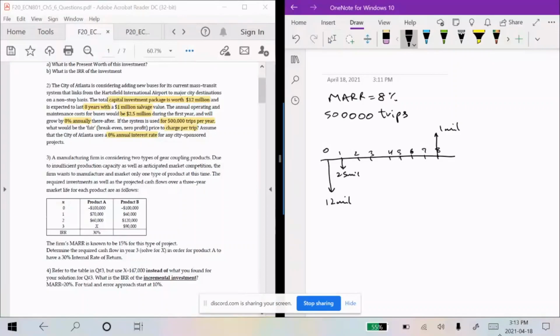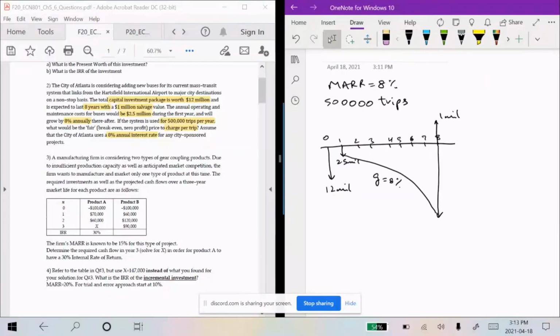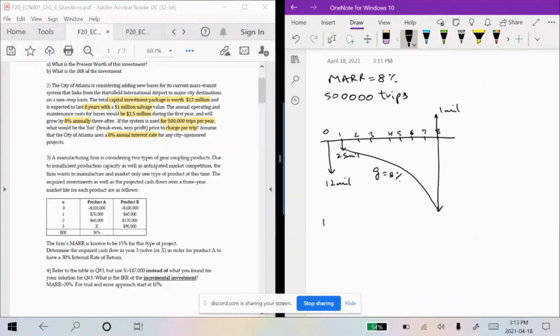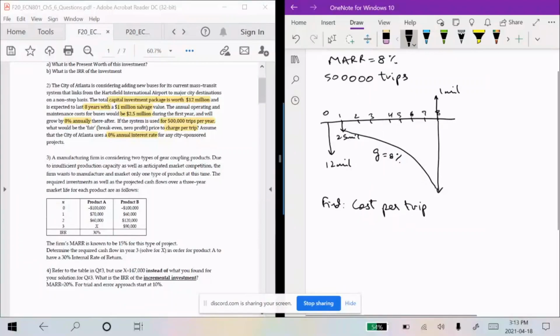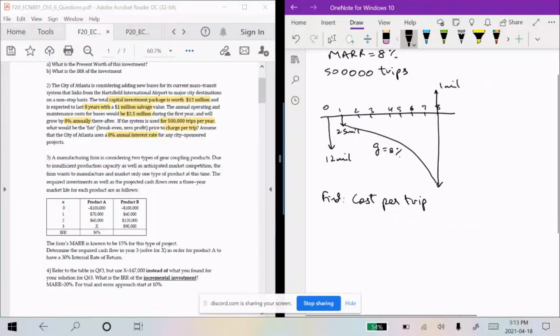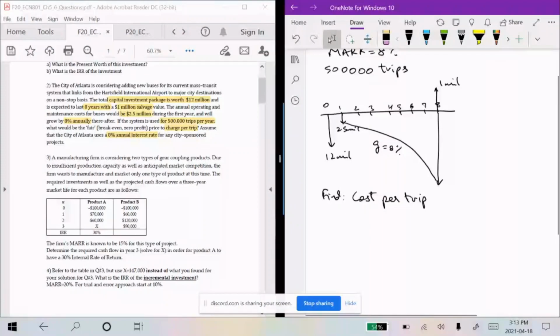We can do this as a geometric gradient with a g of 8 percent. Then 500,000 trips, that's done. Find the cost per trip. Yeah, so I guess that's it.